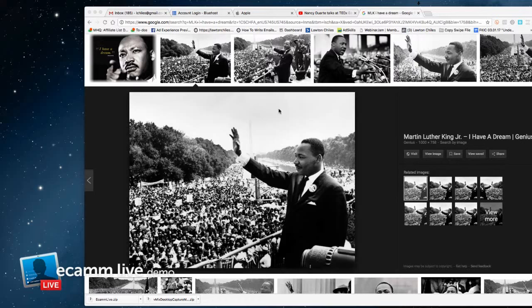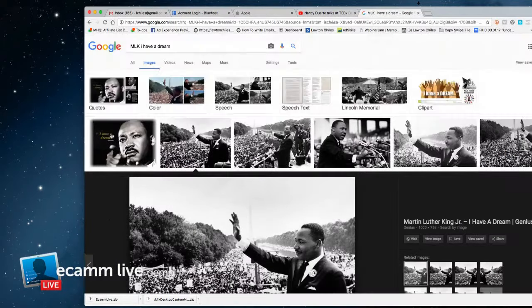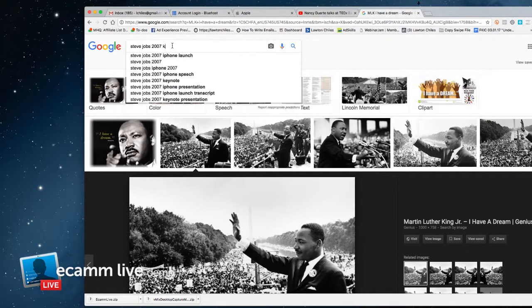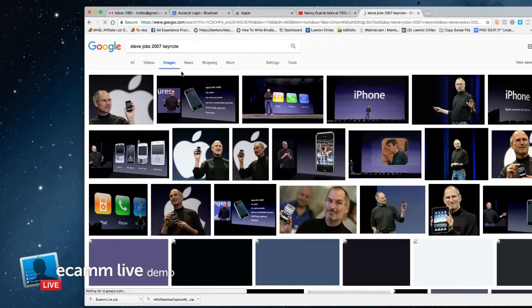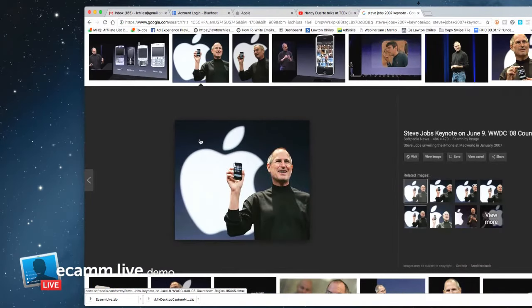Oh, I don't know where it went. But she's looking at this I Have a Dream speech, and then the next thing she's looking at is Steve Jobs' iPhone speech, the 2007 keynote. She's looking at this right here, where he's basically unveiling what life could look like with this new technology.